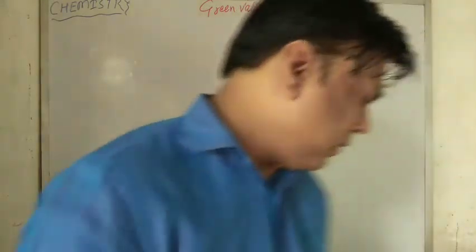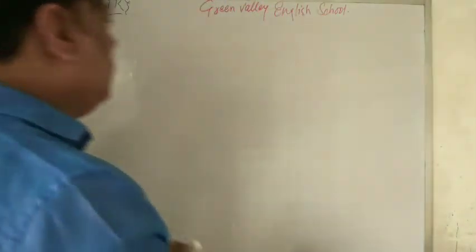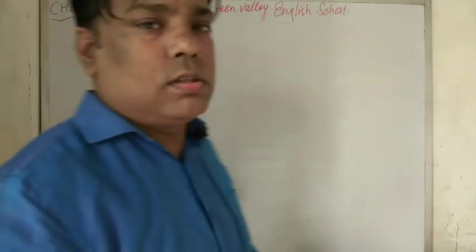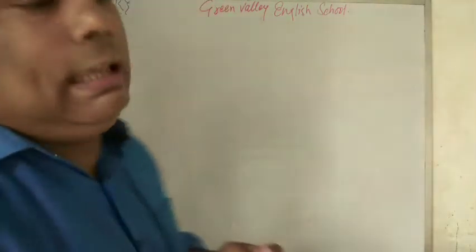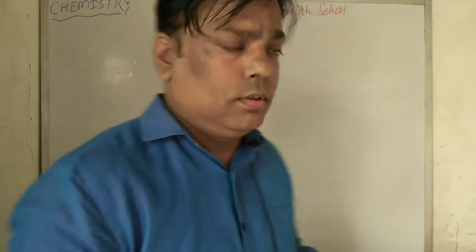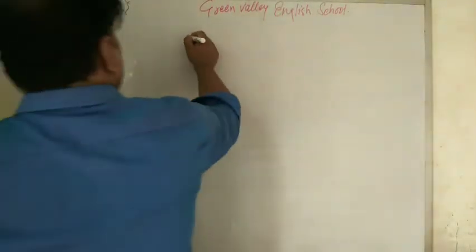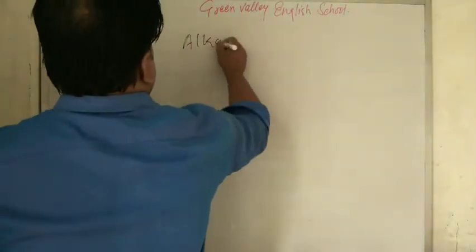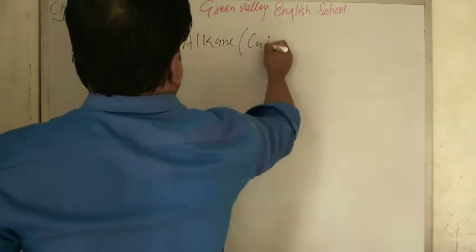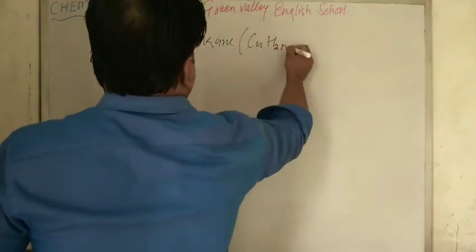Okay, first functional group. So we know that hydrocarbons are of three types: alkane, alkene, and alkyne. So the formula of alkane is CnH2n plus 2.